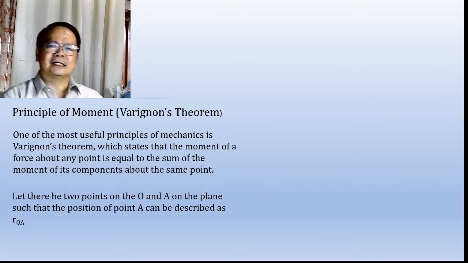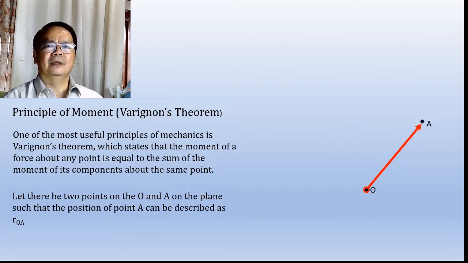So, to explain this concept, let us imagine that we have here 2 points. We have point O and point A. So that the position of point A from O is described by this position vector R_OA.